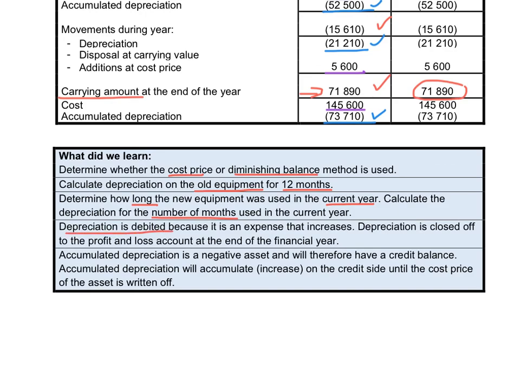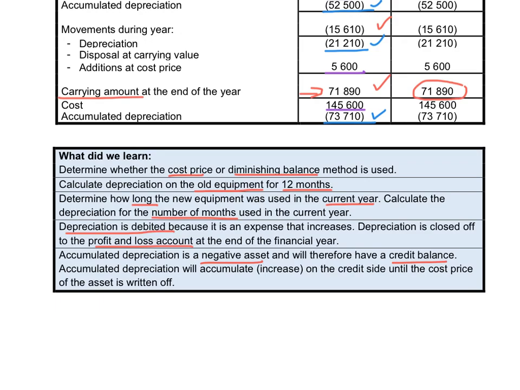Depreciation is debited because it increases expenses on the debit side, and the depreciation will be closed off to the profit and loss account and will be disclosed in the income statement as an expense. Accumulated depreciation is a negative asset and will therefore have a credit balance.